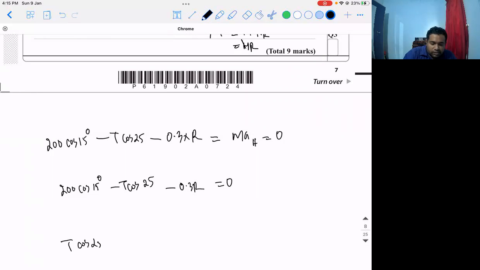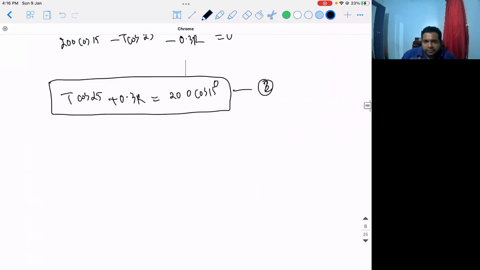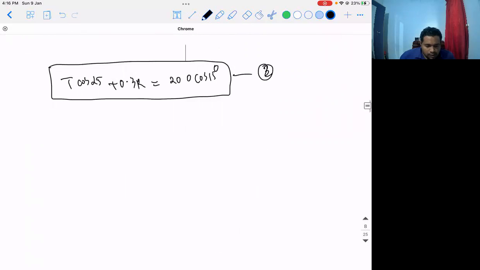What is that equation? T cos 25 plus 0.3 R is equal to 200 cos 15 degree. So this is my second simultaneous equation. So solve these two simultaneous equations and we'll find the value of T and R.